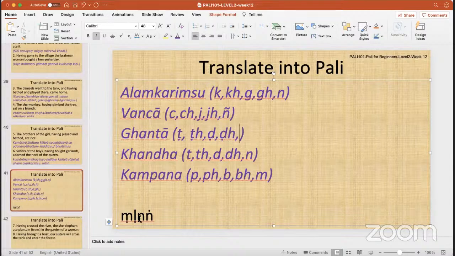And the last one is this na. Ta, tha, da, dha, na. Okay, I just wanted to show why it is so important for us as level 2 Pali students.